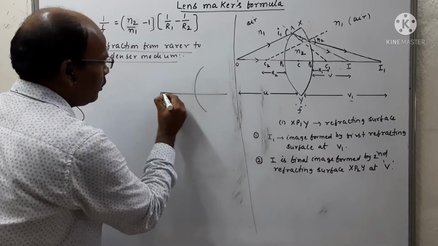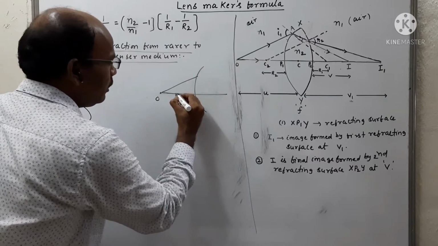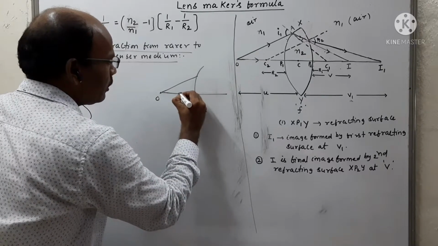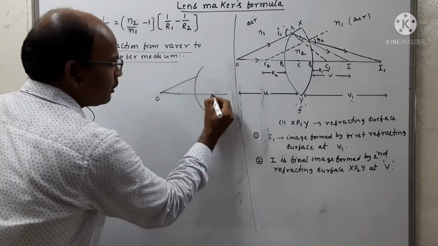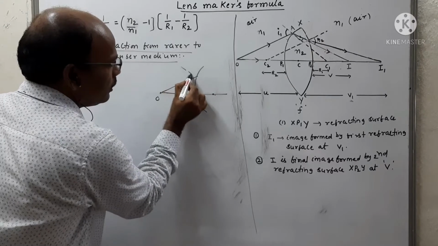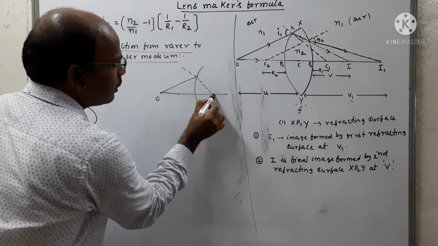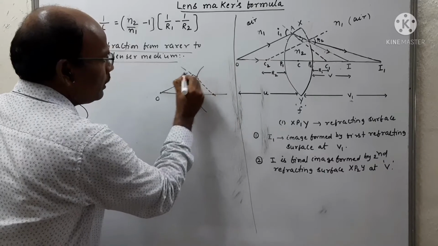So this is the point object O, and this is the center of curvature, which is acting as the normal. This is called the angle of incidence.